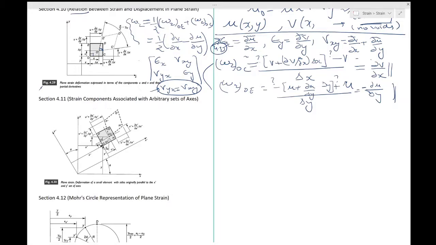Compare this to the stress, where tau xy was equal to tau yx. The reason that was equal is because the moments were balanced about the center. The reason the shear terms of the strain are equal, or so-called symmetric, is because of the geometry. Okay, so the reasons of them being equal are very different.